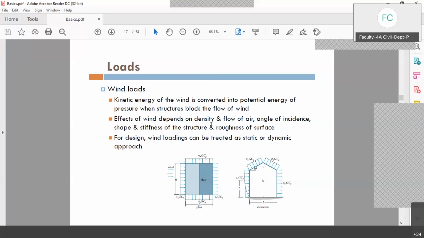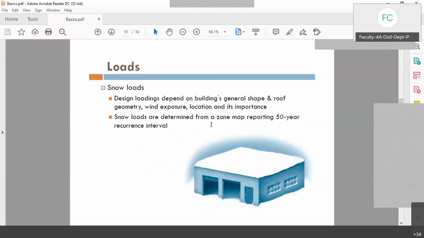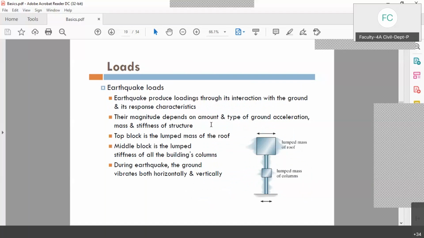And then there is wind load, and for the wind load you have to consider the different codes, more specifically IS 800, IS 875, part 3 basically. Then sometimes you have to consider snow loads as well. Earthquake load: for earthquake load you can refer to IS 1893, 13920.